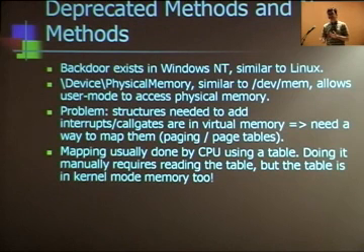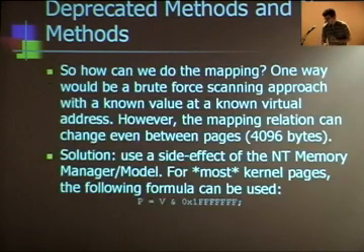So even if you have access to physical memory, your pointers and your data don't map one-to-one. The CPU usually does this mapping for you. You could do it manually, but that requires you to read a special table which has the mapping, and the table again is in kernel mode. So you're not supposed to have a way to translate between the two from user mode.